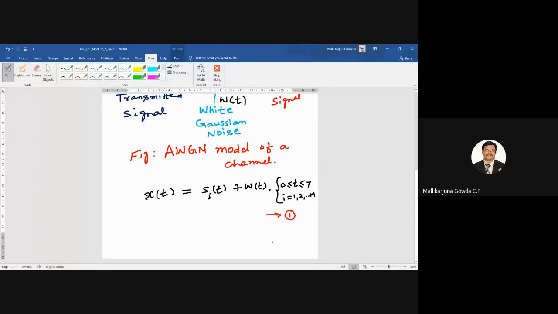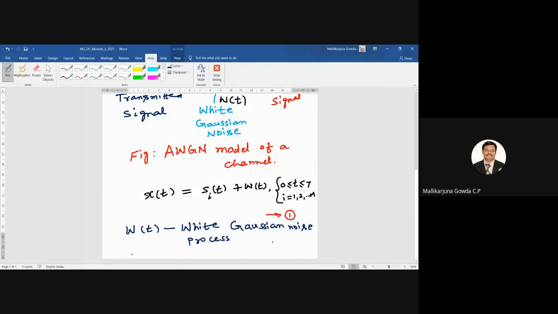Capital W of t is the white Gaussian noise process. This is a random process, a noise process.